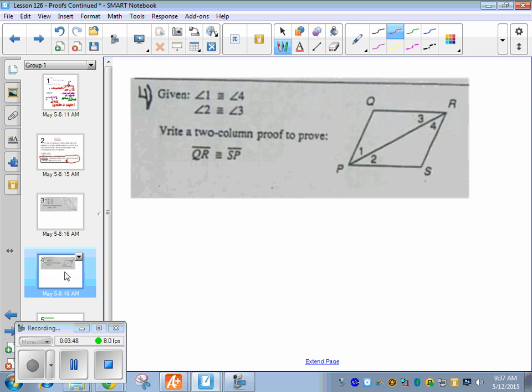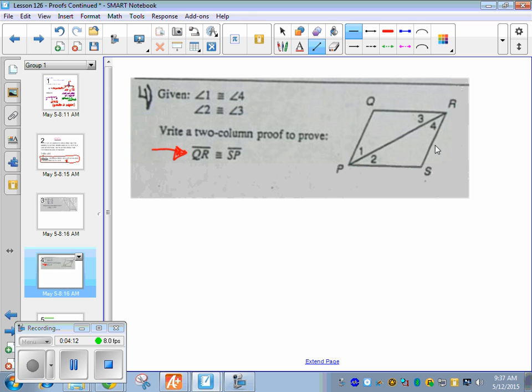Because the end of it says, write a two-column proof to prove these two segments are congruent. So we're not proving the triangles are congruent as our final step. We're proving the two sides are congruent. So we still need to prove congruent triangles, and then our last step is, now I have congruent sides by CPCTC. So let's start with what we know.